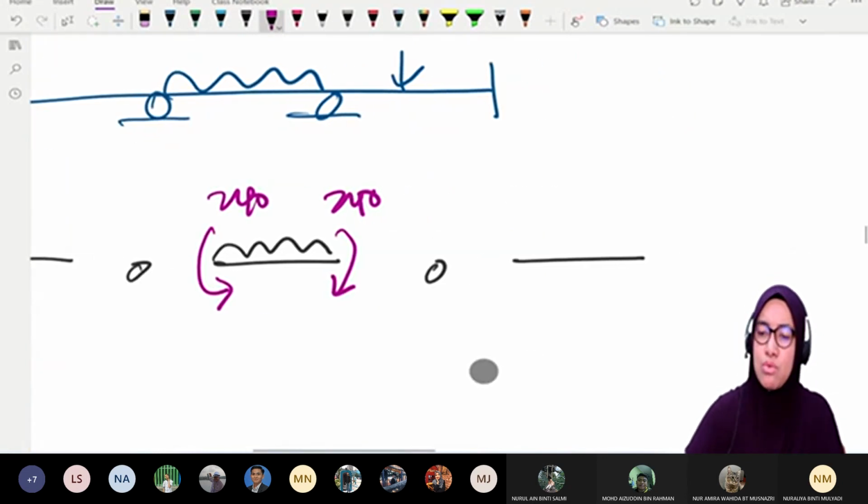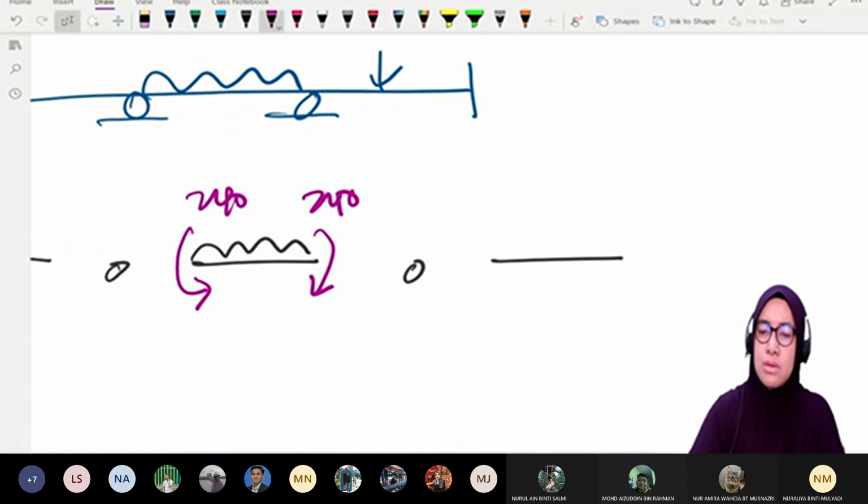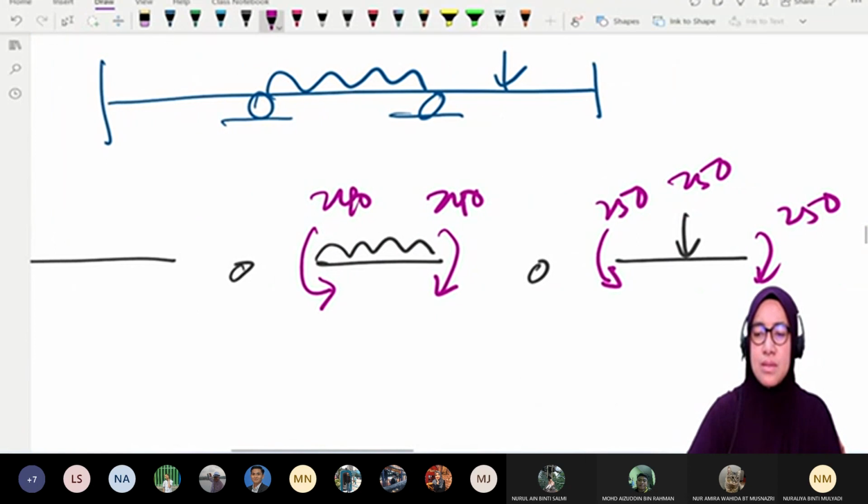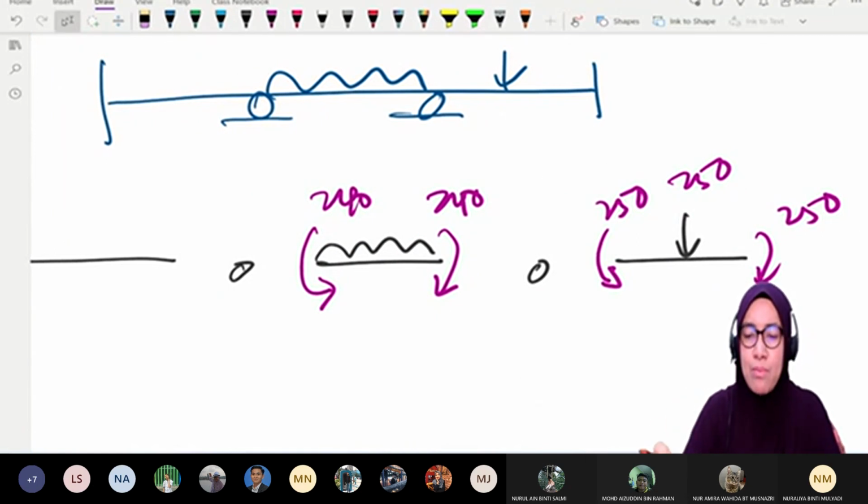And then we get 250 from the point load. From the point load, this is 250, right? Here is 250, and here is also 250. Okay, this is the fixed end moment.